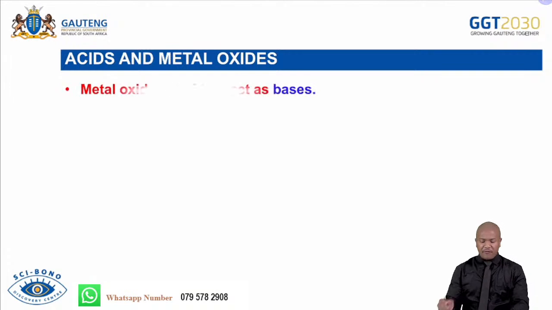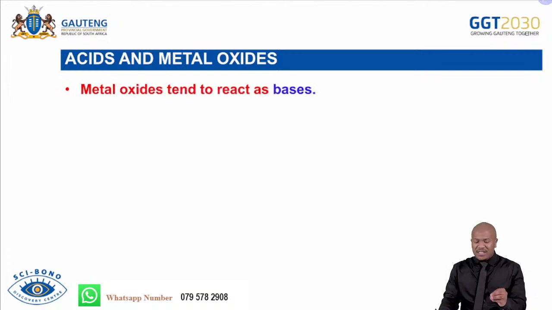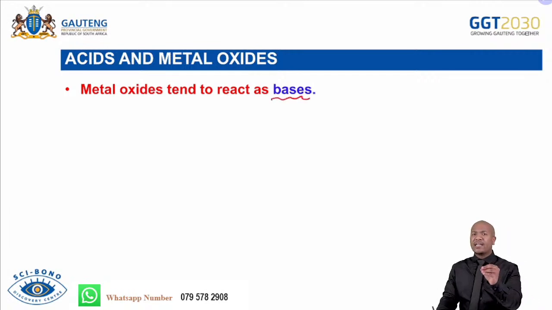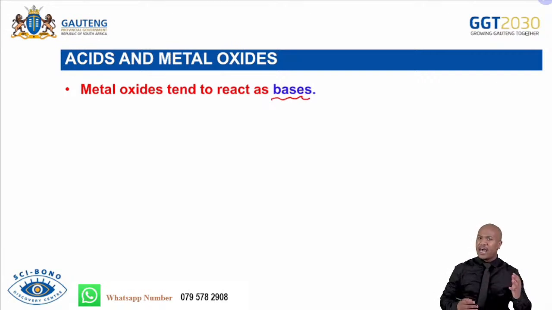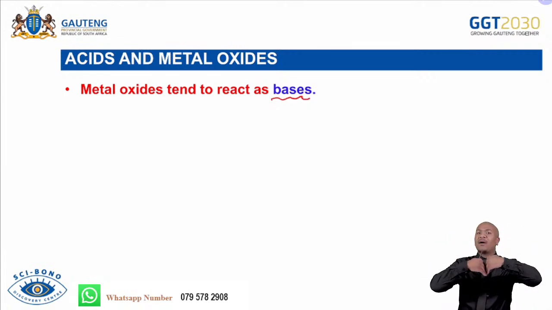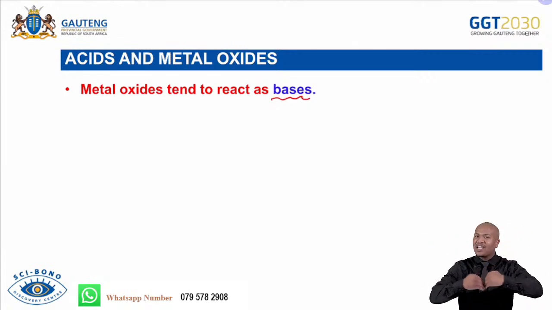Now, first of all, metal oxides tend to react as bases. Hey, they tend to react as bases. Remember when we were doing neutralization reaction, what did we say about the reaction of acids and bases? We said acids and bases tend to what? To overcome each other, to counteract each other, or to neutralize each other.